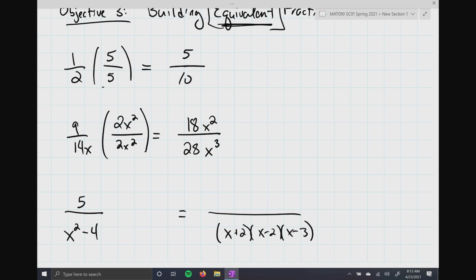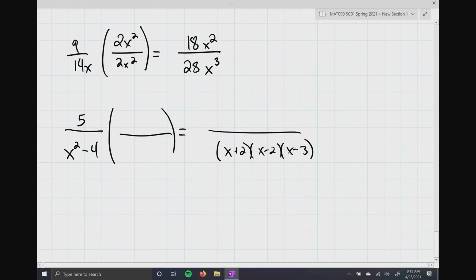So what am I going to multiply by? x minus 3 over x minus 3. How do you know that? x plus 2 times x minus 2 is x squared minus 4. Perfect. So we're going to choose x minus 3 over x minus 3.